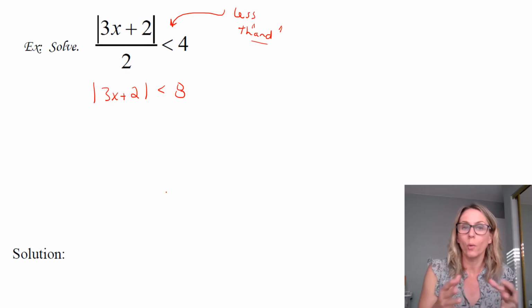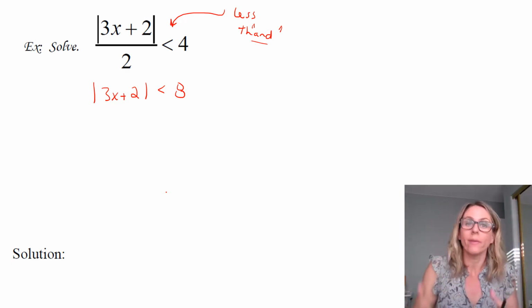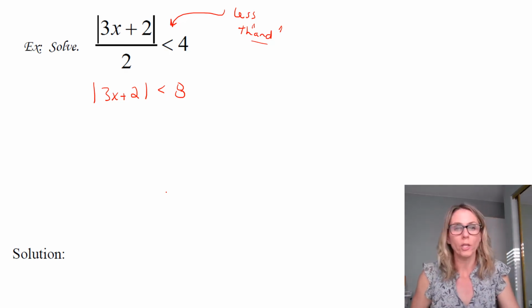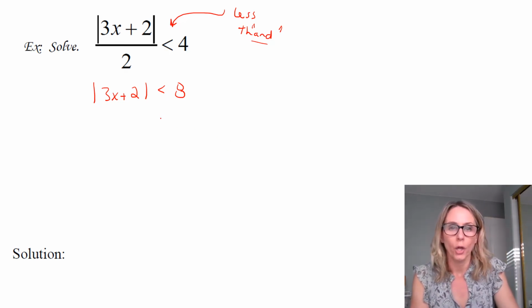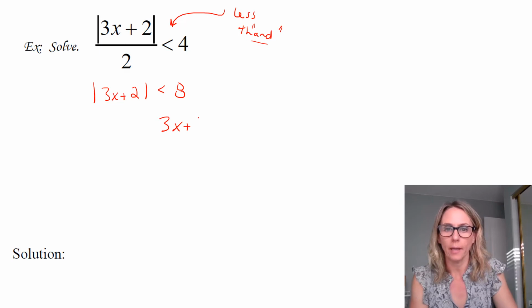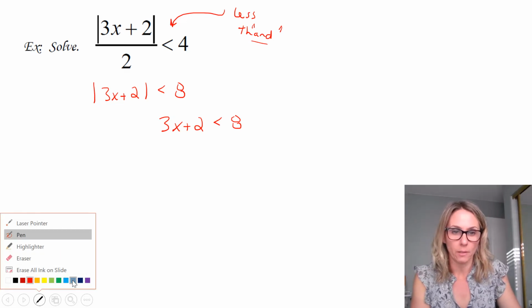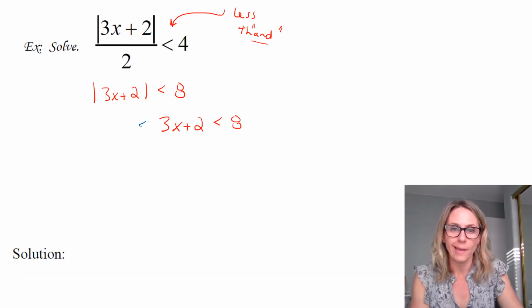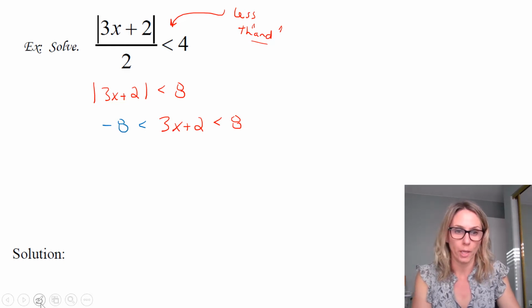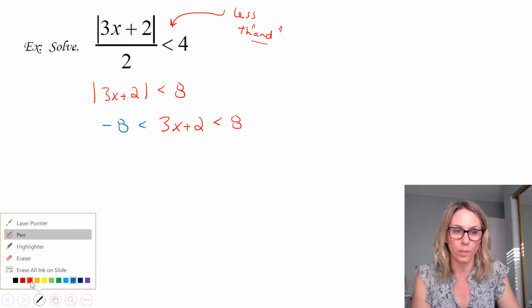If you had -4 on the inside, its absolute value is 4, and that's still less than 8. So when you have less than, you're going to take the inside and say, as long as it's less than 8, but greater than -8. So notice less than creates like this sandwich. We've got an inequality sandwich here.